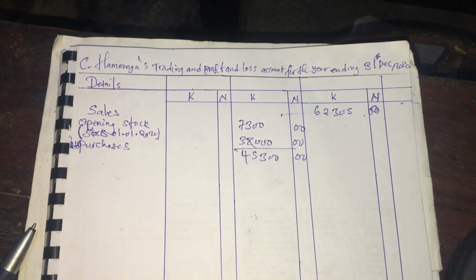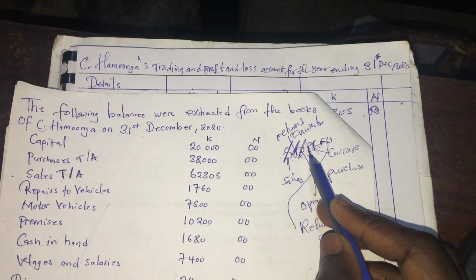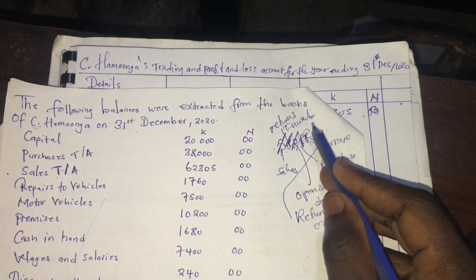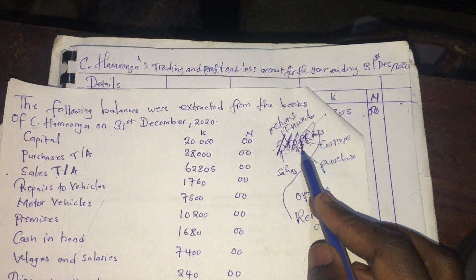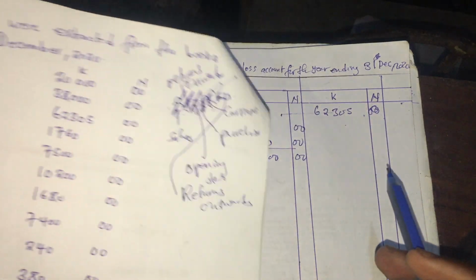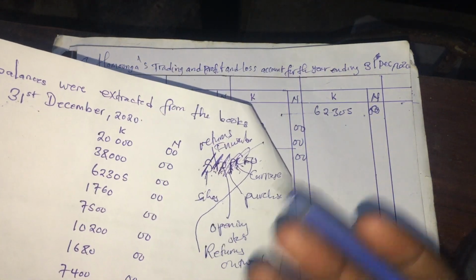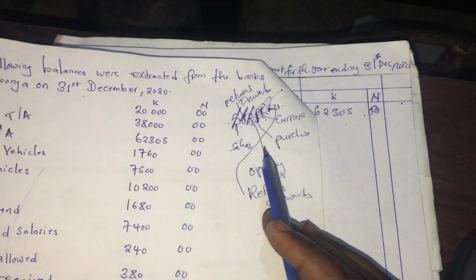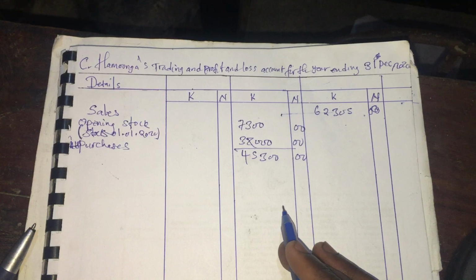After doing this, we come to our STROBE GROW. P gone. Carriage we don't have, returns outwards we don't have. So we just go straight to our closing stock.